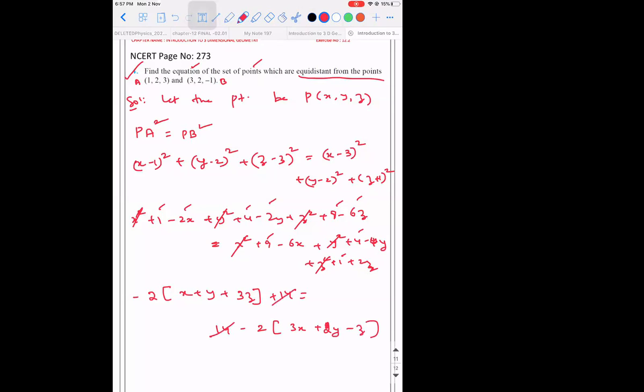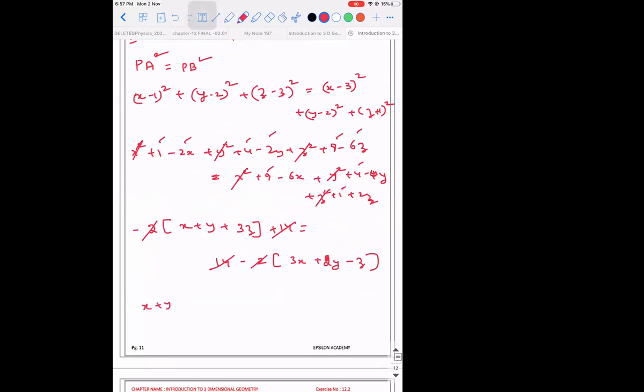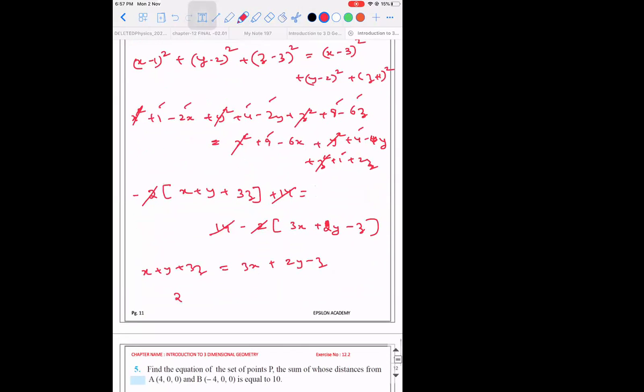So 14 and 14 are gone, 2 and 2 are gone. So you will get x plus y plus 3z is equal to 3x plus 2y minus z. So you will have 2x plus y minus 4z.